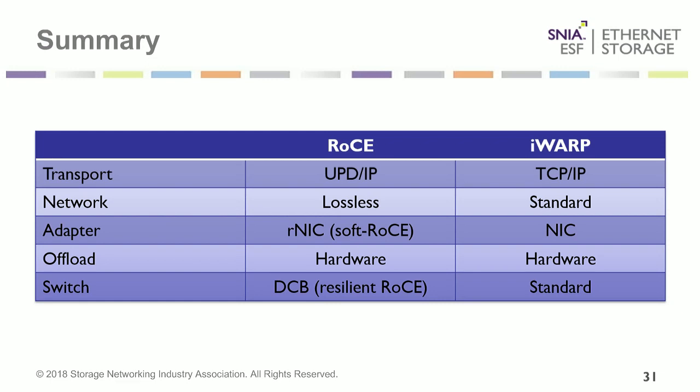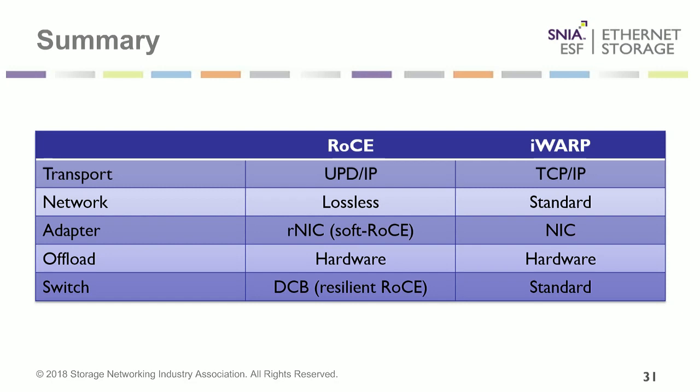So for the adapters, with ROCE, you almost always use an RNIC, though there is a soft ROCE available. With iWARP, you typically use a NIC that supports iWARP, or again, Intel has a CPU platform which has built-in iWARP support. They both do hardware offload, though if you use soft ROCE or soft iWARP, then it's no longer hardware offload, but those implementations are not too common these days because you get the best performance by using the adapters with the hardware offload.